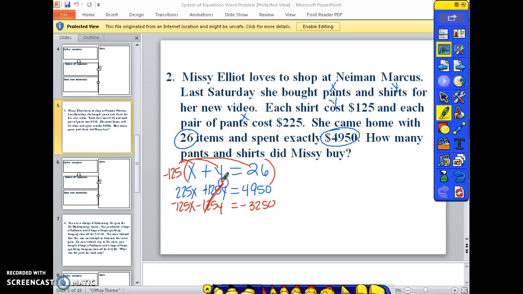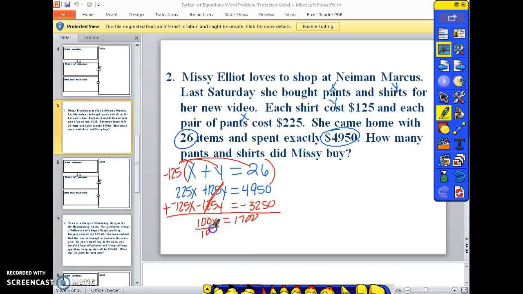Once you have opposites, you can add these equations. 225 plus negative 125 is 100X. 125Y plus negative 125Y cancels out. 4,950 plus negative 3,250 is 1,700.